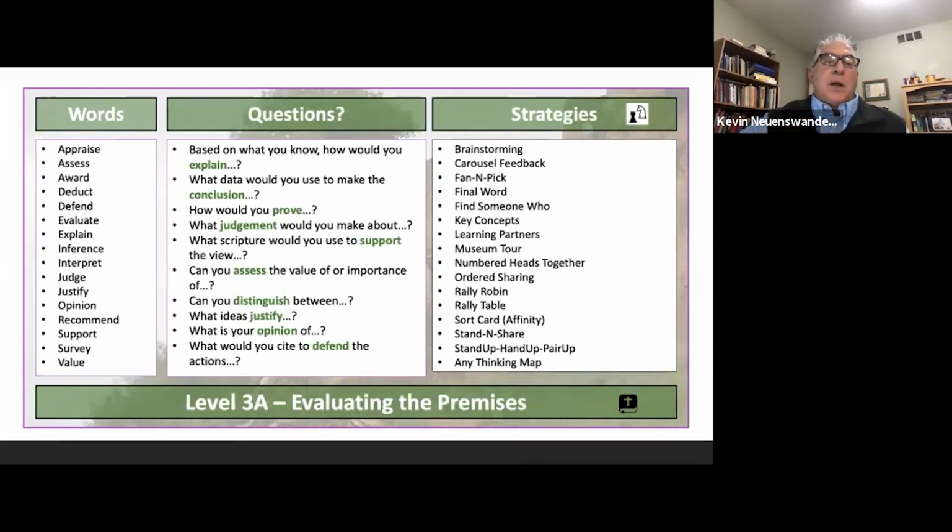And then I'm not going to go through all of those. So some of the strategies we talked about: brainstorming, carousel feedback, fan and pick, rally robin. That's Kagan cooperative learning. Now, I did not put Kagan cooperative learning structures in here because I don't have permission to do that. But if you go online, we use in our building Kagan cooperative learning strategies.